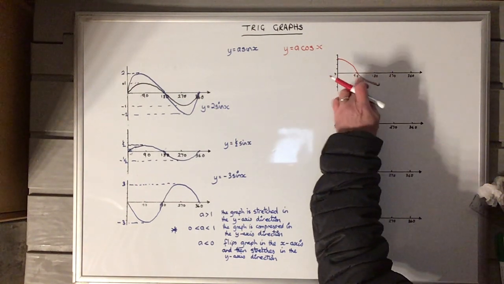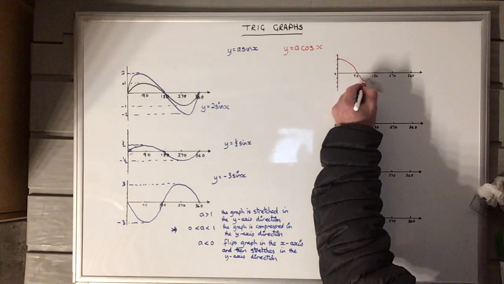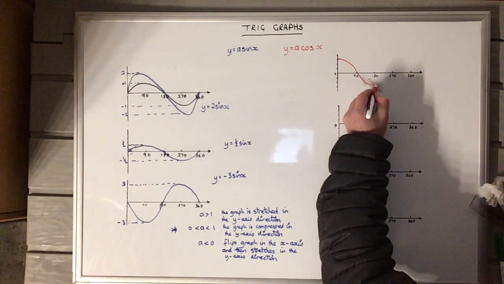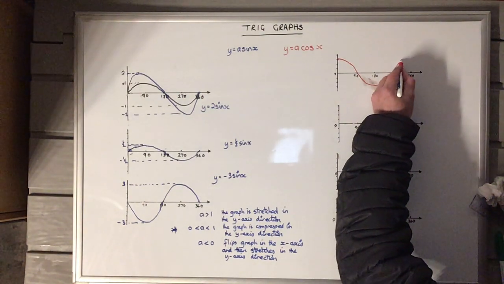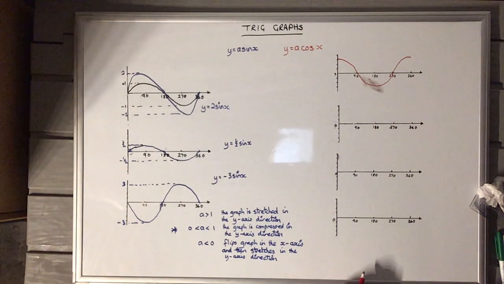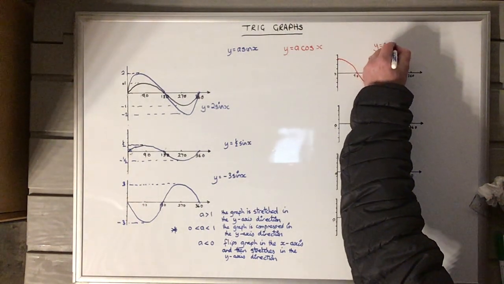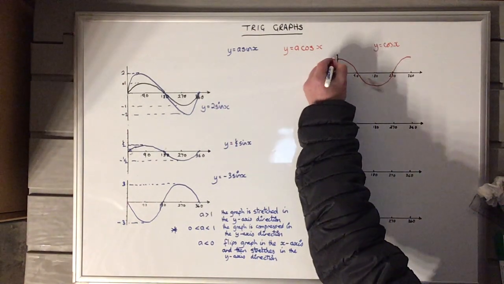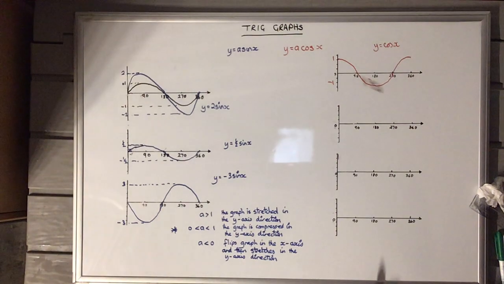That's probably a wee bit too small, so let me just extend that a wee bit. -1, then goes back to 0 at 270, then it goes back to 1 at 360. So that's a rough shape of the cos graph. So that's y equals cos x, because if we make that 1 and -1, that's the graph.